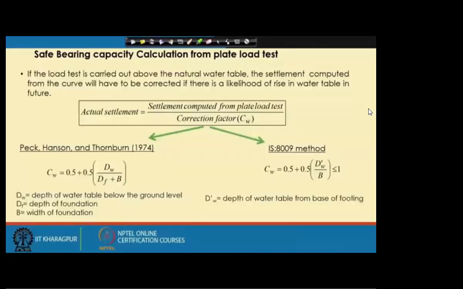For the actual settlement of a foundation, it will be the settlement that we get from the plate load test divided by the correction factor. Remember that when we apply the correction factor for the bearing capacity, we multiply that correction factor with the bearing capacity, because water always creates a negative effect.